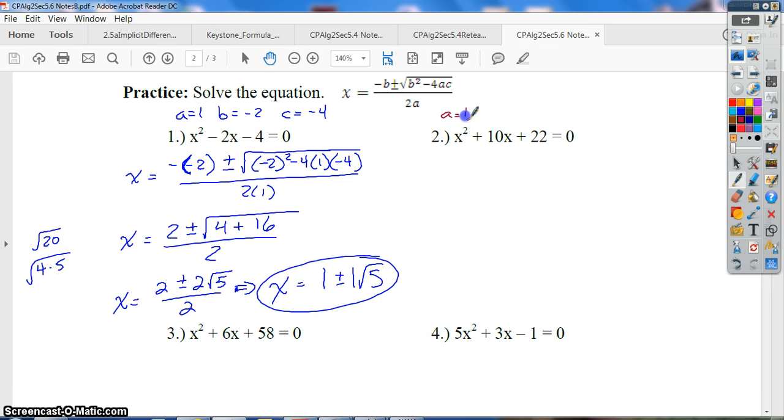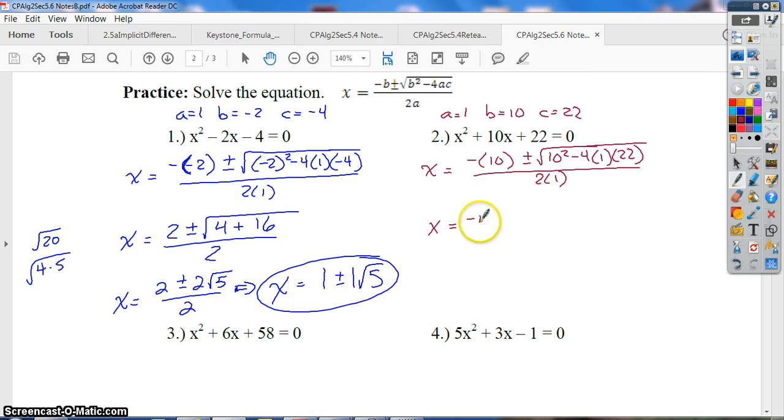Going to number 2 here. Again, A is 1, B is 10, C is 22. So x equals negative 10 plus or minus the square root of 10 squared minus 4 times 1 times 22, all over 2 times 1. So this will be negative 10 plus or minus 100 under the square root, minus 88, all over 2.